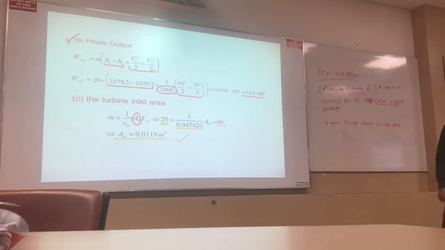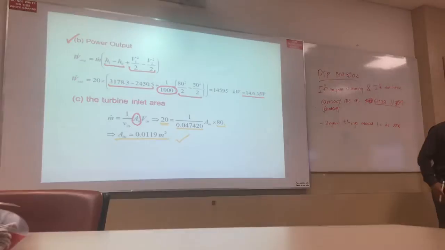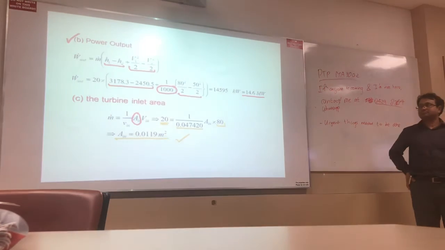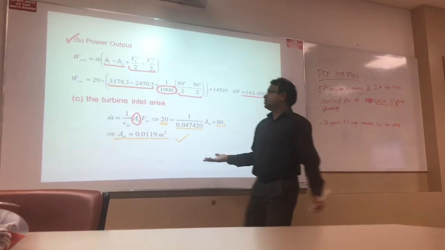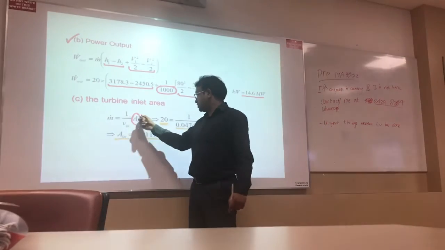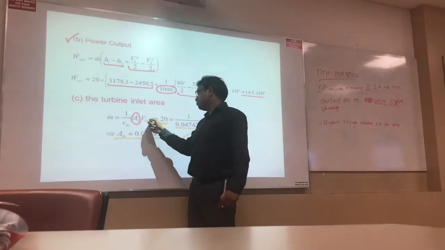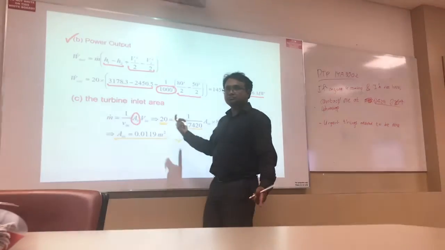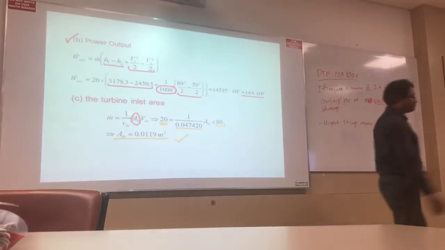Okay? Not difficult actually. If you understand the concept, it's easy. If you know the mass flow rate, the volumetric flow rate is A times V. So V I know, so A I can easily find. Just substitute the values.